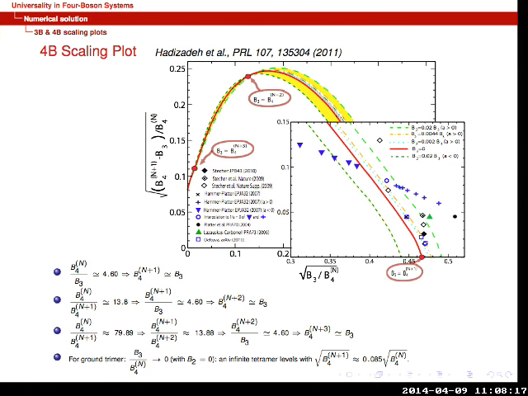This corresponds to the ratio of the ground tetramer with respect to the first excited tetramer being 13.8, or the ratio of B4 n plus 1 over B3 is 4.6, or the ratio of 2 successive first and second excited tetramers is 4.6. So that's the point where the new tetramer appears.